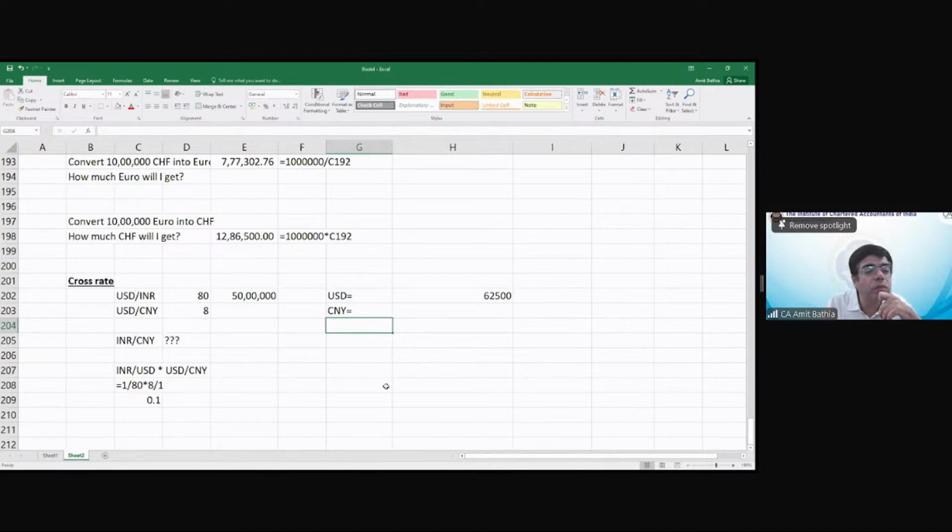But the concepts are the same. That's what I told you: INR divided by USD and USD divided by CNY. Why was it not working? The mistake that we made, let me put it this way, is that it is basically USD divided by INR, the whole divided by USD upon CNY.